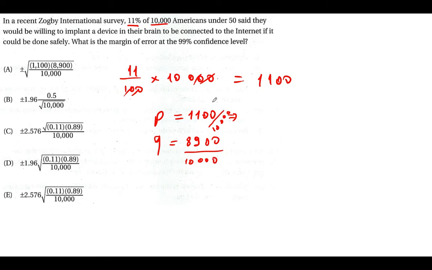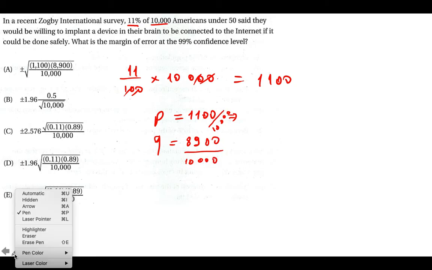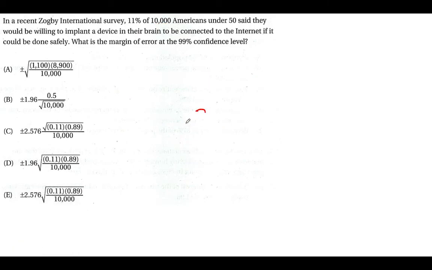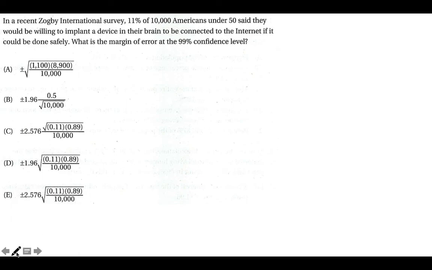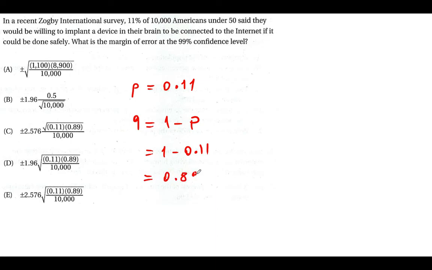Actually, no need to use this way, since the 11% is directly given, I can use it. So in this question, the p value is given, 0.11, and the q value, which is 1 minus p, will be 1 minus 0.11, which is 0.89, those not supporting the idea.